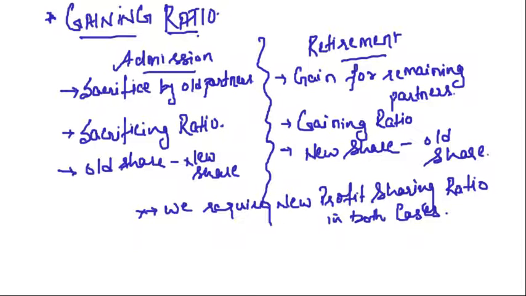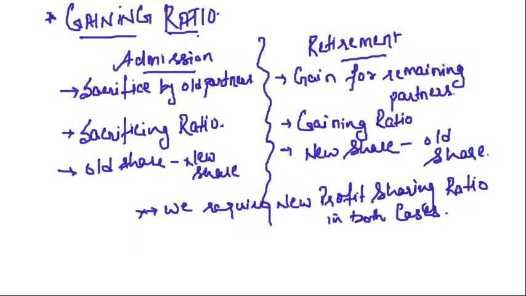In case of admission, we calculate the sacrificing ratio, which is old share minus new share, because old share is more than the new share.